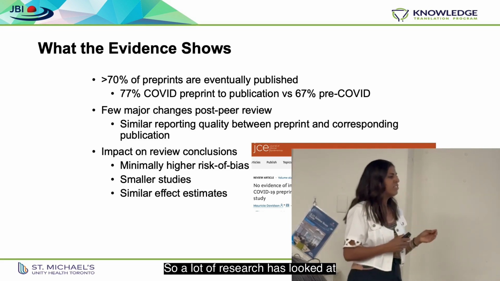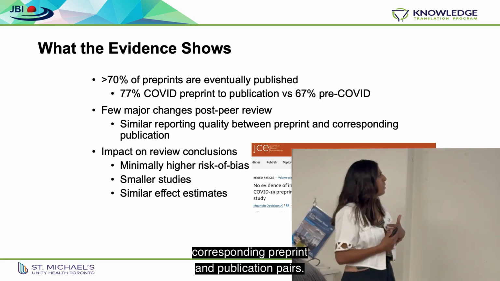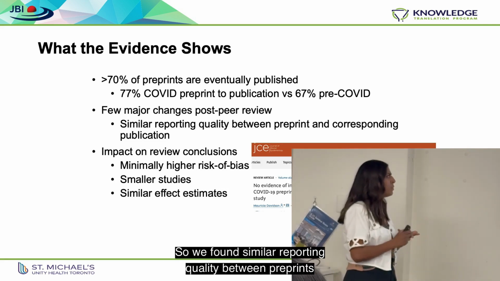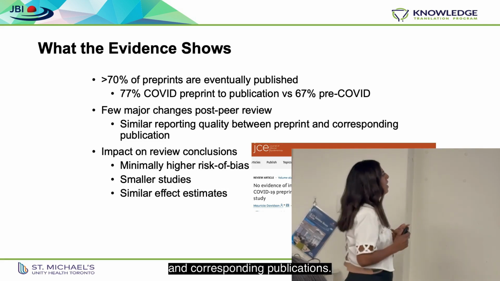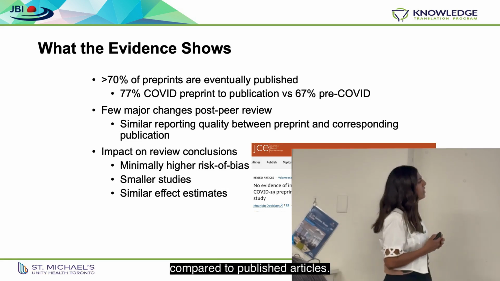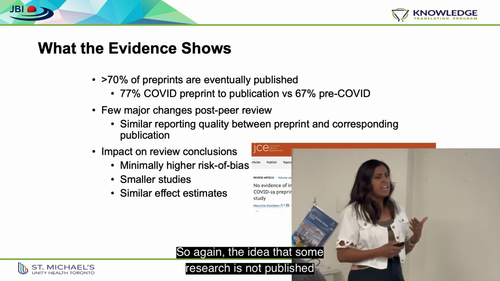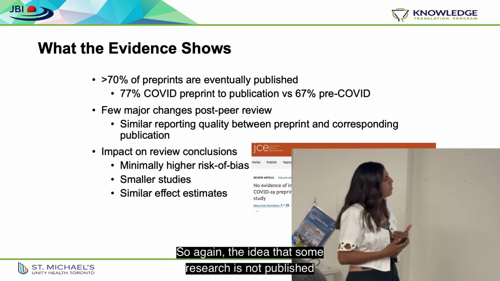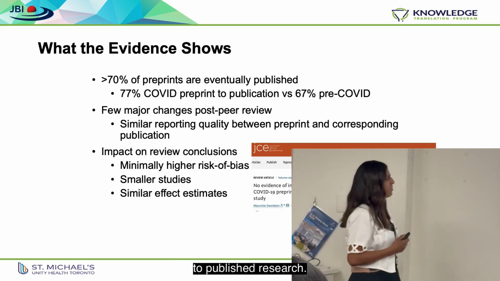So a lot of research has looked at corresponding preprint and publication pairs. So we found similar reporting quality between preprints and corresponding publications. There's a minimally higher risk of bias in preprints compared to published articles. And preprints tend to be smaller studies. So again, the idea that some research is not published, but they appear to have similar effect estimates to published research.